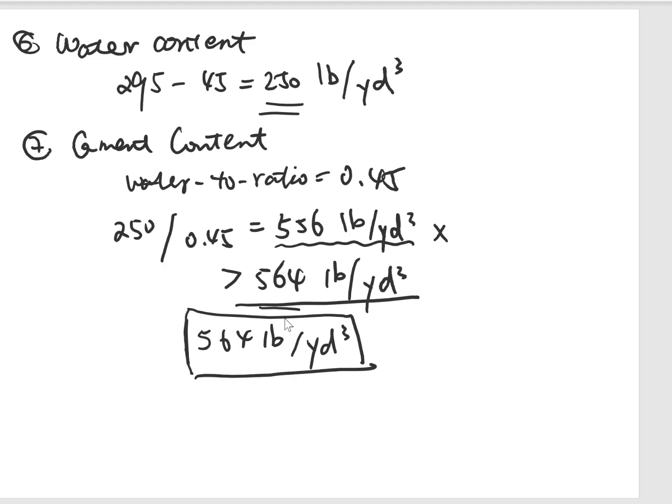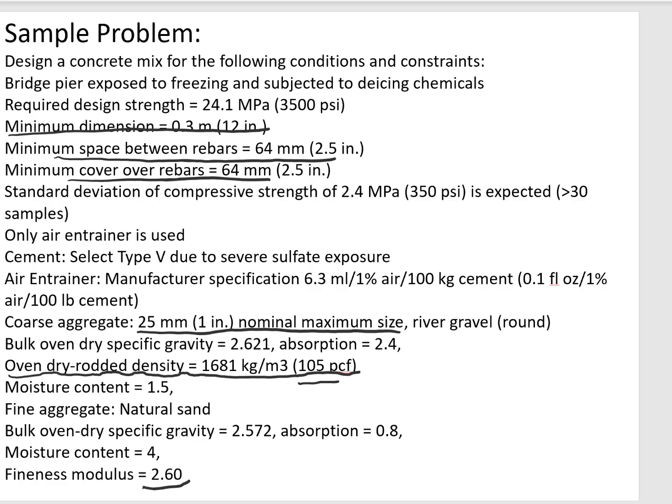All right. Next one is to decide how much admixture we are going to use. So from the question, you can see we only use the air entrainer, no other admixtures. So according to the manufacturer, we have 0.1 fluid ounce per 1% of air and per 100 pound of cement.